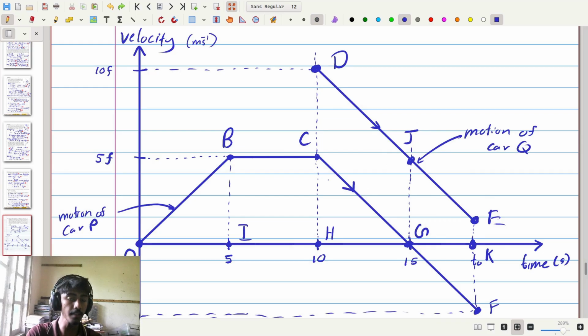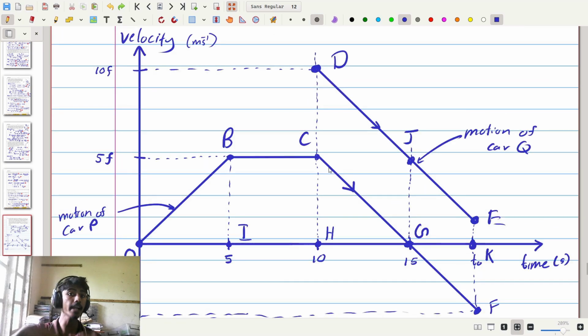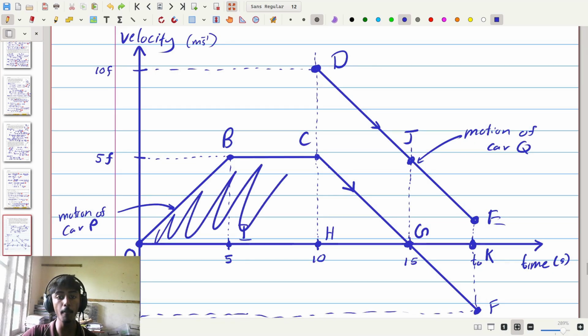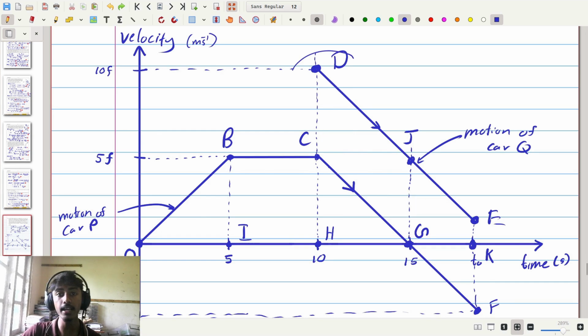Now here I can do another thing. Since the area GKF is subtracted from the left hand side, I can add it to both sides and put it on the other side, in which case on the left hand side we only have the area OBCH, and on the right hand side we have the area here plus the area under the curve, which means the total area would be area DEFC.